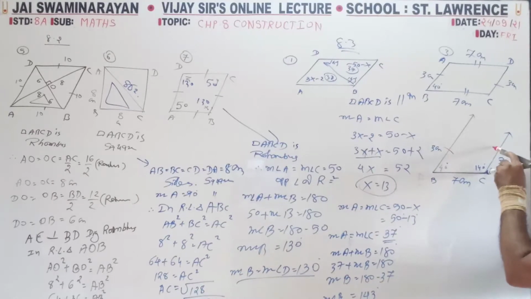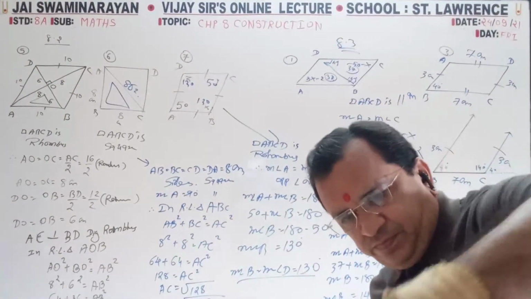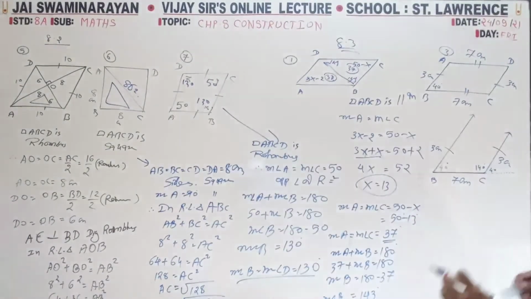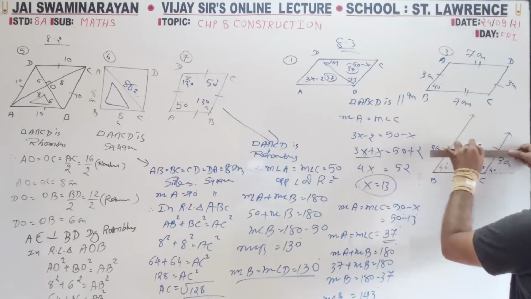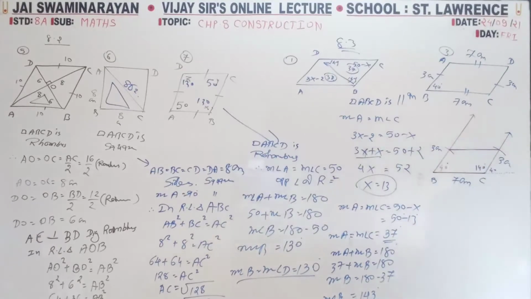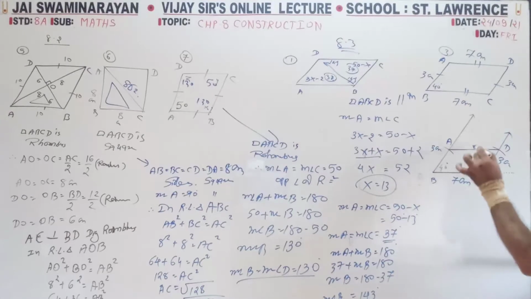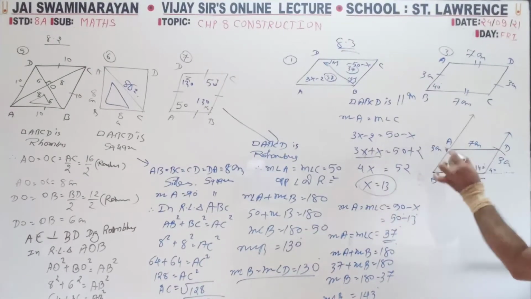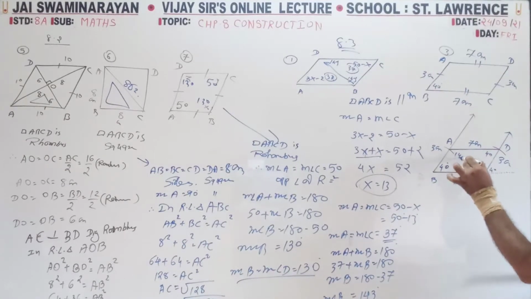From here, I'll cut this. Now both we have to join. Intersection point. Correct? A, B, C, D. 7 centimeter, 7 centimeter, 3, 3. 40, 40, opposite equal, 140, 140.